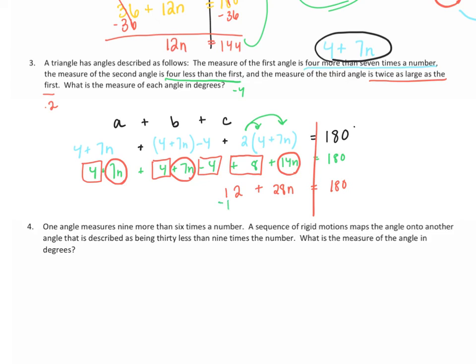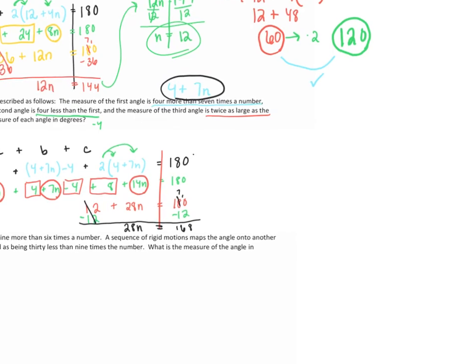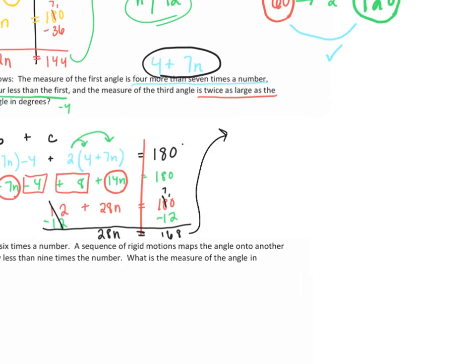Now I'm going to take 12 away from both sides. I get 28n equals 180 minus 12, 168. And I'm going to finish solving right over here. 28n equals 168.